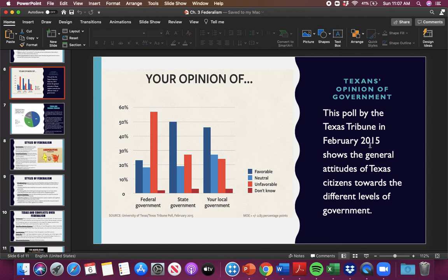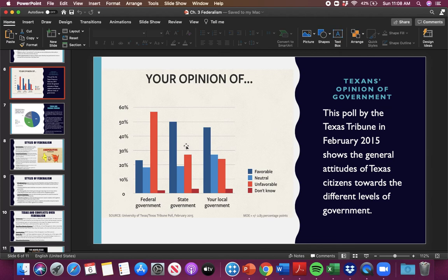So if you look at these numbers, dark blue is our favorable, light blue is our neutral, and then this kind of light red is unfavorable. So you can see that about 57% of Texans had an unfavorable view of federal government. If you look at state government, we've got about 50% that have a favorable view, and then we're right about 47% with a favorable view of local government.